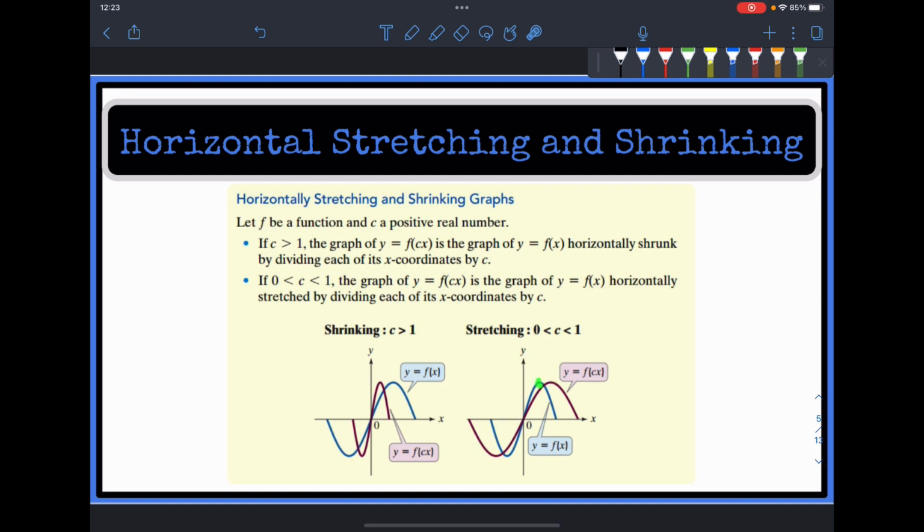Instead of it being here at this value of x, it is now located at this value of x. And the same thing in the opposite direction. This intercept has now been pulled outwards, and this relative minimum is now located there. So they've been pulled outwards, and as a result, this is what a stretch looks like.